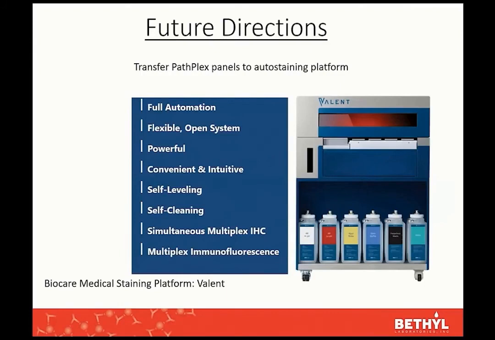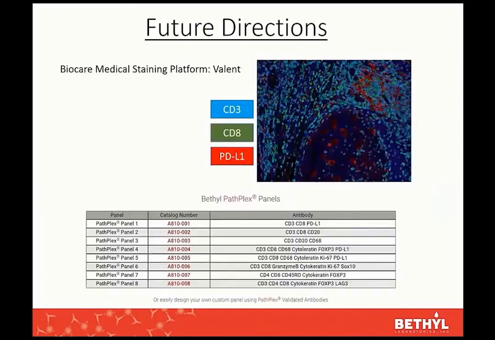And so one of the future directions that we want to do, we started with on the bench staining because that's what most of our customers can do. We also wanted to transfer the pathology panels to an auto staining platform, and we've chosen the BioCare Medical platform, which is a nice platform because one of the applications it's designed for is actually multiplex staining.